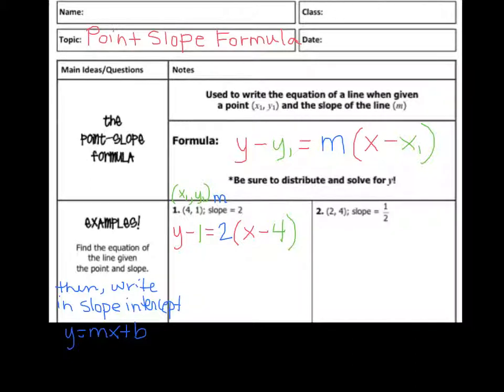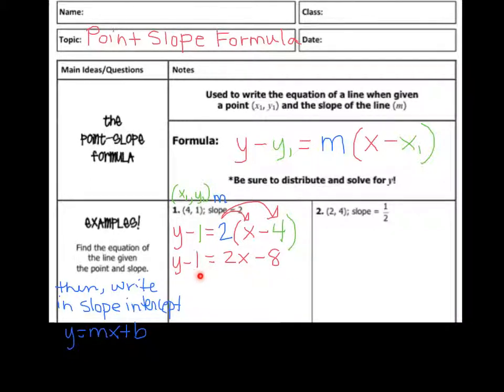So we want to go ahead and get y alone. So this is similar to solving an equation. So the first thing that we want to do is distribute our 2. So that's going to give me y minus 1 equals 2x minus 8. Remember, when you distribute, you're multiplying. So 2 times x was 2x, 2 times negative 4 is negative 8.